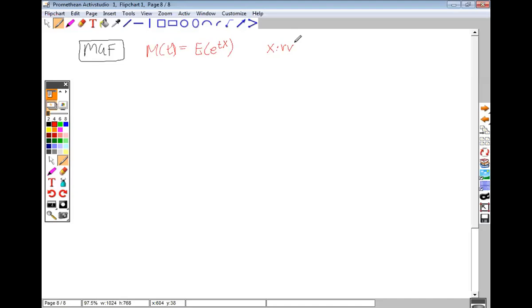So again, when I said that my expectation of e raised to tx is a random variable, I want you all to say yes if you agree with what I said, or no if you do not agree. So my statement is that expectation of e raised to tx is a random variable. How many of you think this is a correct statement?